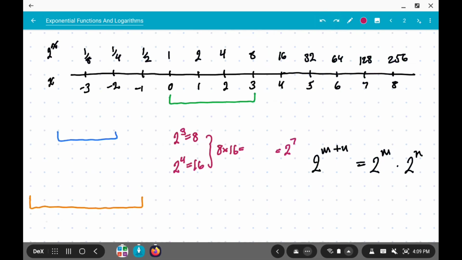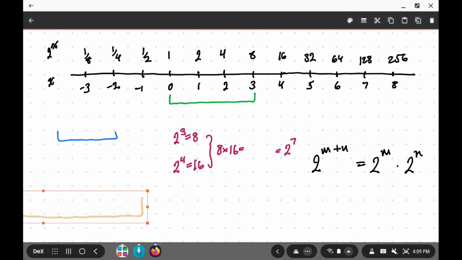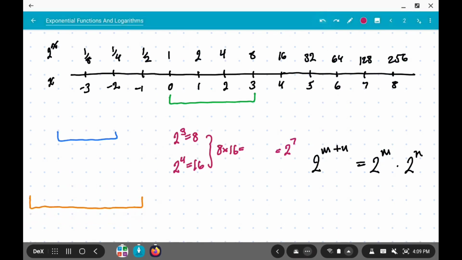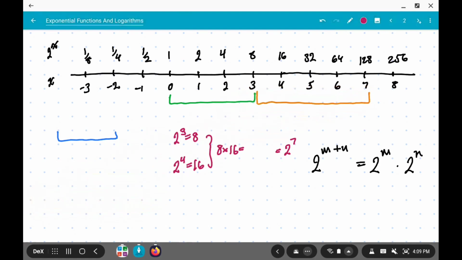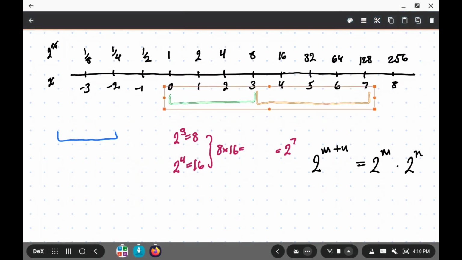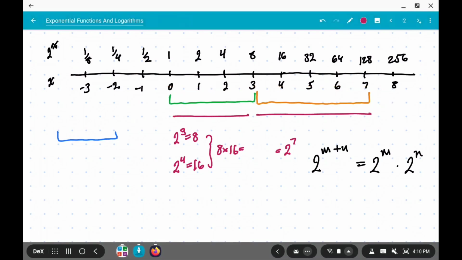And visually, I can use, grab and move. So the green bracket here is 3 units wide, and the orange bracket is 4 units. If I think of this in terms of addition, I've said that 3 plus 4 is 7.